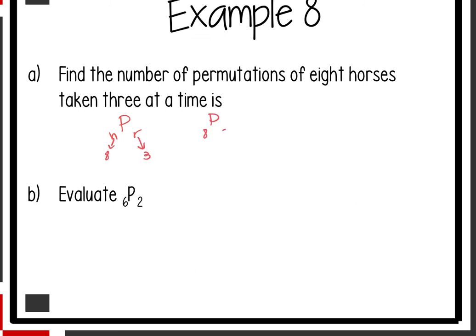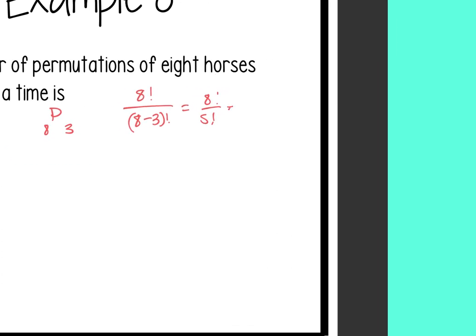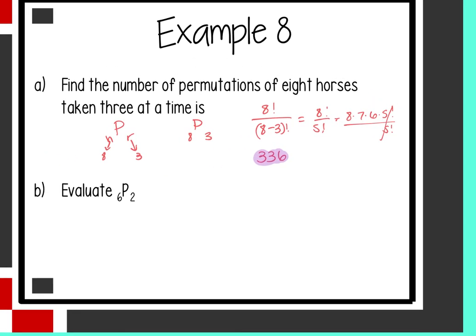So this is P, 8, 3. 8 factorial over 8 minus 3 factorial. 8 factorial over 5 factorial. 8, 7, 6, 5 factorial over 5 factorial. 8 times 7 times 6, which is 336. So if it had just said 8 horses are running a race, how many different ways can they finish? That is 8 factorial. But this is saying specifically 3 at a time.